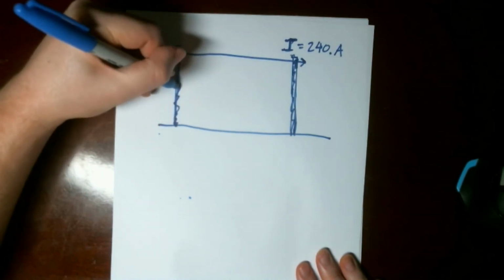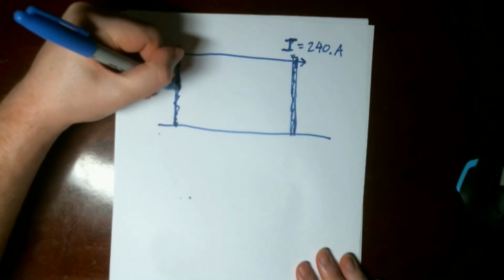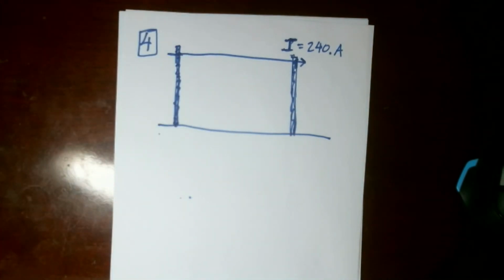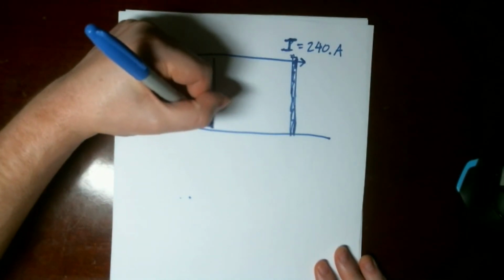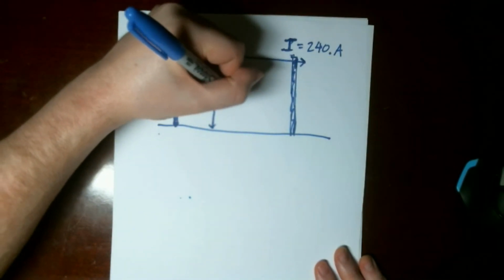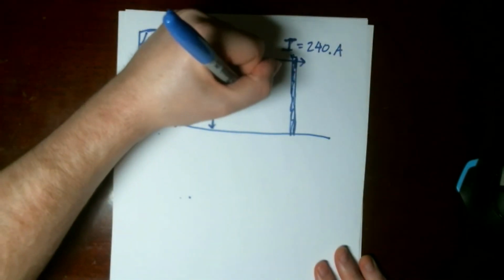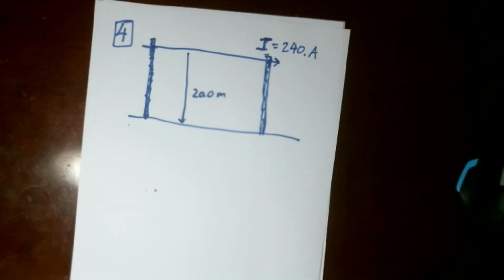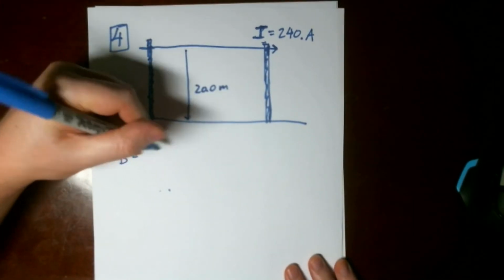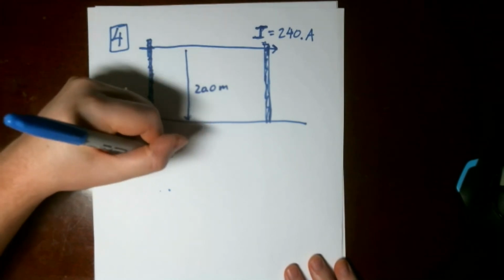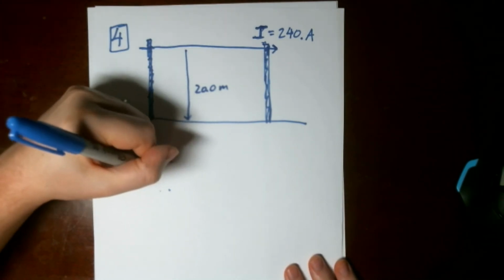Now we know that a current carrying wire will generate a magnetic field. And we want to find what is the strength of the magnetic field at ground level if this current carrying wire is 20 meters above the ground. Well, we know from our calculations using Ampere's law that the magnetic field of a current carrying wire is mu naught I over 2 pi r.